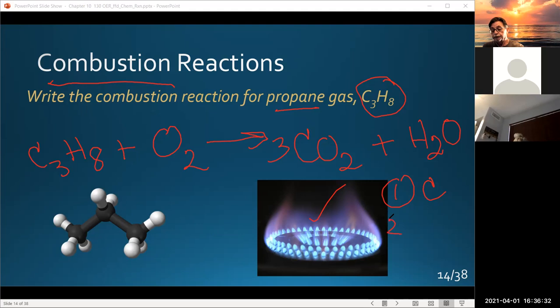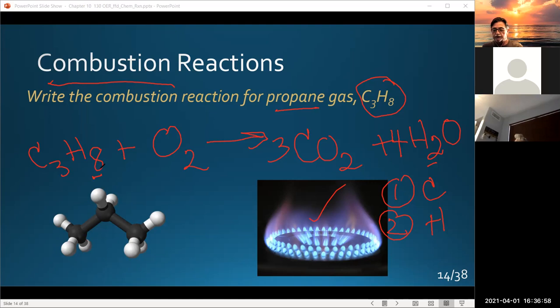Number 2, balance the hydrogens next. All right, so we come over here, we got 8 hydrogens sitting here, and we got 2 on the right side. Well, wouldn't it be true that if we put a 4 in front of water, we end up with 8 hydrogens, and guess what?